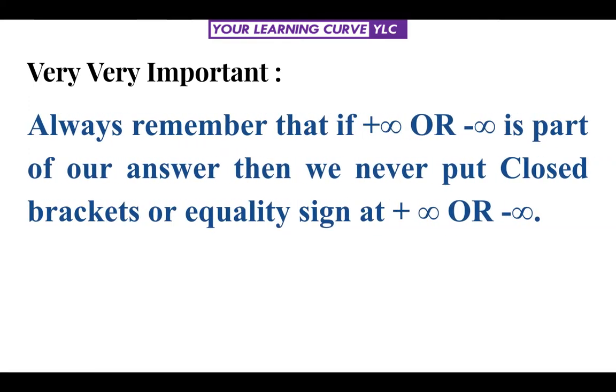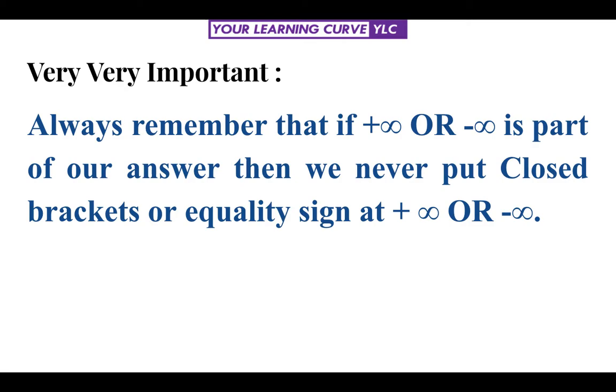You have to remember one very important point, that sometimes plus infinity or minus infinity could be a part of your answer, that is x belongs to minus infinity to -2 or minus infinity to +5 or 5 to infinity, but we never put a closed bracket or equality sign at plus minus infinity because these numbers are very large or very small, they are not achievable.